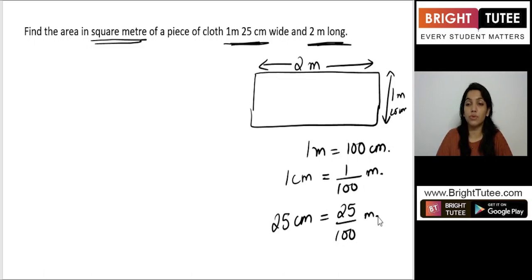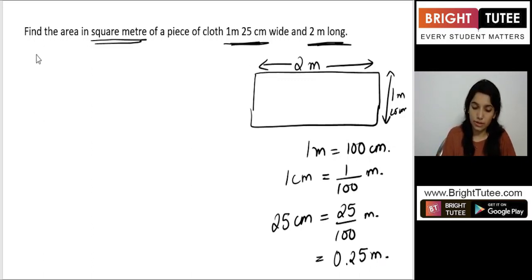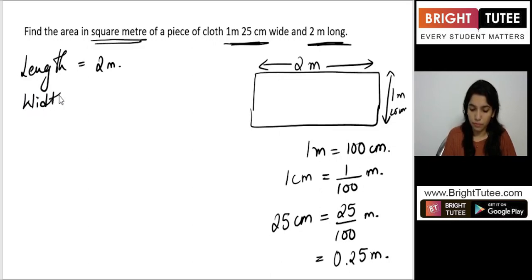I hope you know how to write a fraction as a decimal. So 25 over 100 is 0.25 meters. Let us write down here that length is equal to 2 meters and width is equal to, because it is 1 meter and 25 centimeters, 1.25 meters.